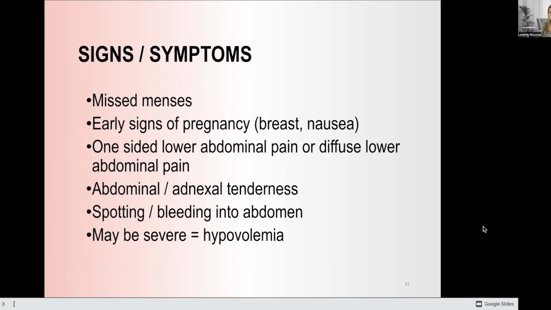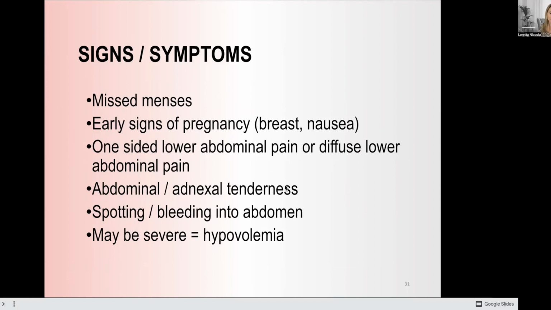So signs and symptoms: missed menses, early signs of pregnancy like breast tenderness, nausea. She may have pain in her lower abdomen on one side or the other, or it could be a diffuse pain over the lower abdomen, but it's pain. And abdominal or adnexal is ovarian. When you see that term, it's ovarian.